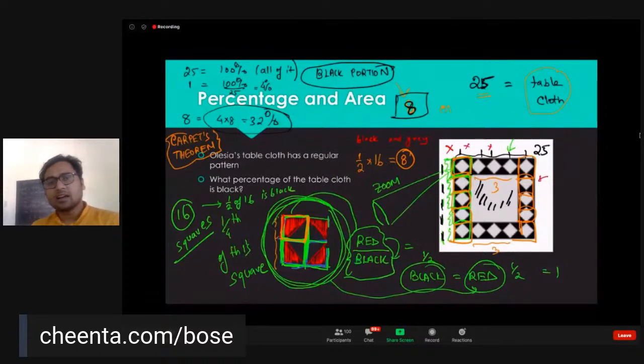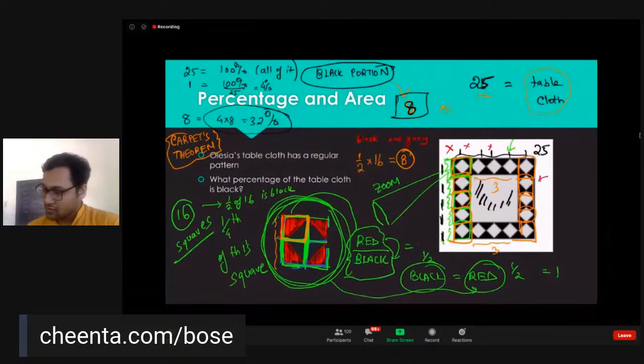Much more complicated problems are handled just using this sort of visual intuition. If you can see visually what's going on, that is how you solve problems using the Carpet's theorem. I have not discussed that theorem in this particular class because it's a bit more complicated, but this is the beginner's intuition for it.